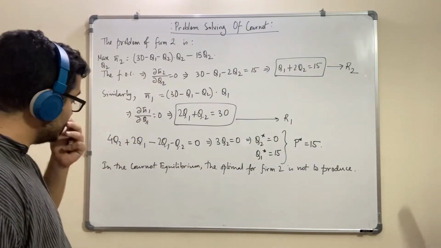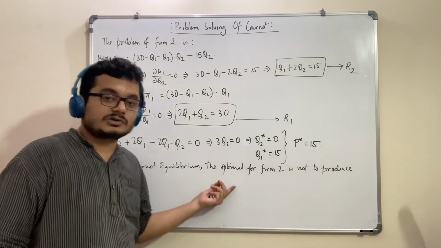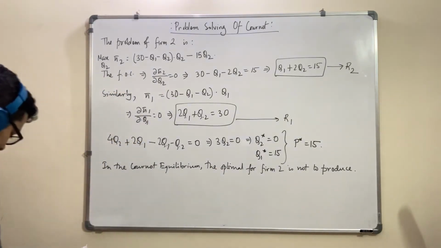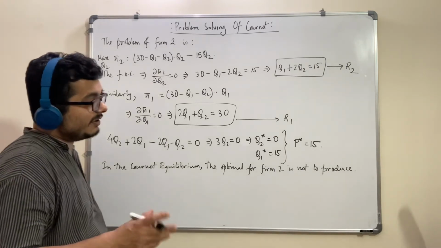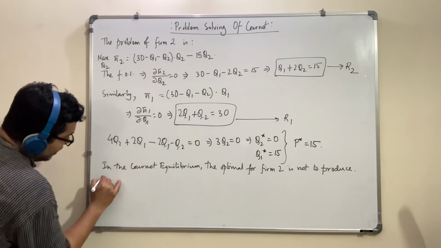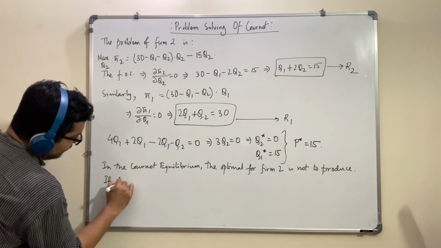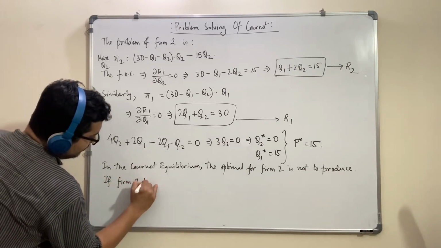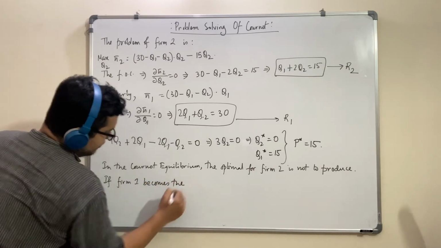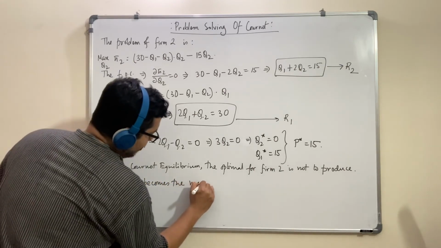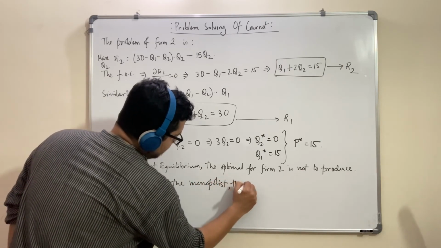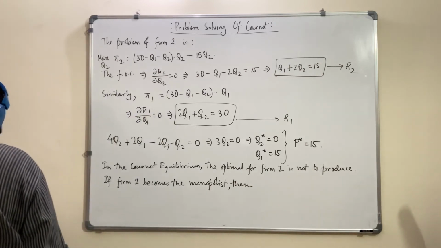So to check, we are going to solve now the monopoly equilibrium with only farm 1, and I will solve it in a very short way. If farm 1 becomes the monopolist, then directly I will calculate MR equal to MC.